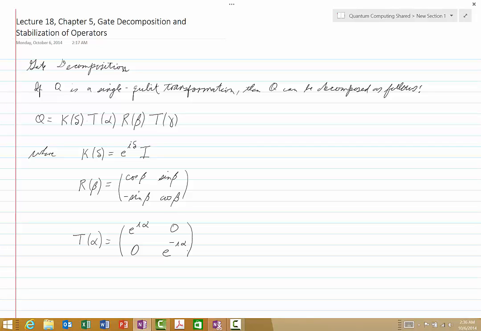The matrix K corresponds to a phase shift by the angle delta. R is a rotation.